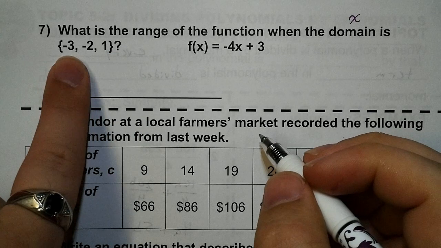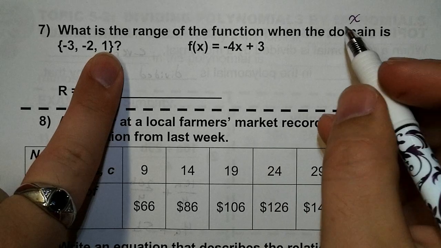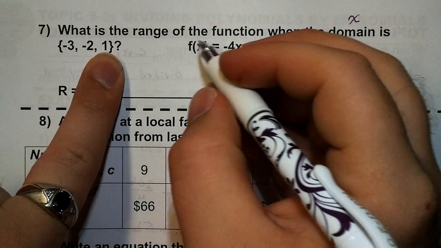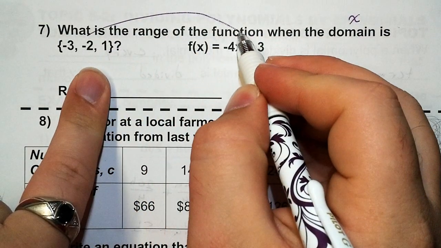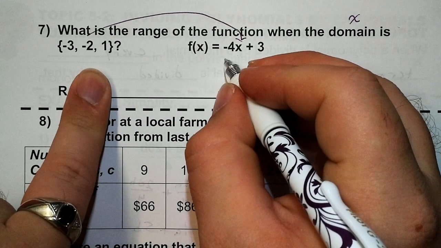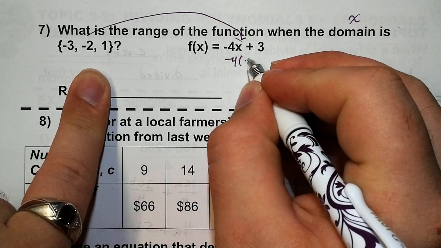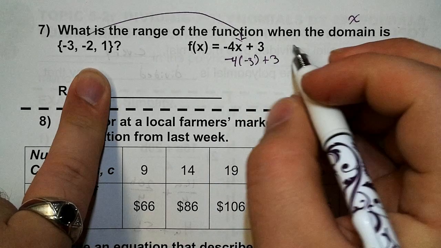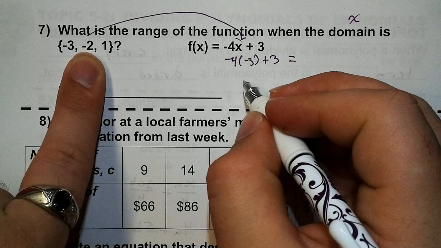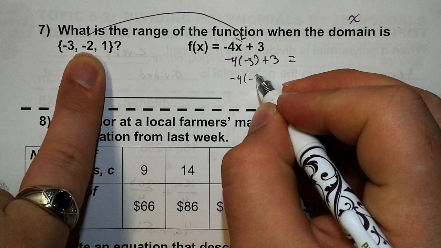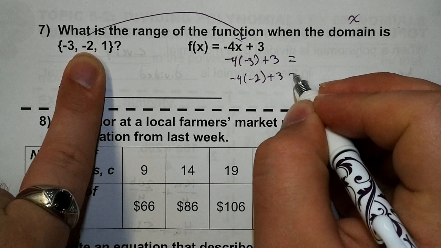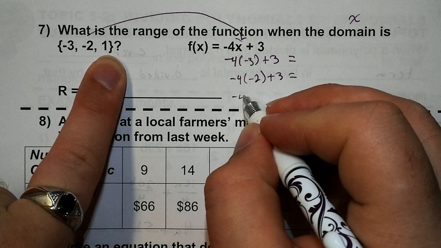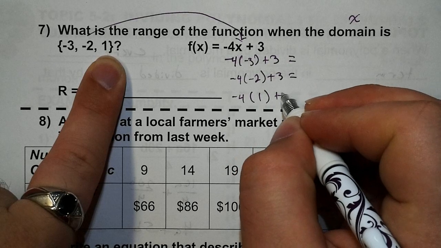Okay, so we have our x values, we have our domain, we can plug them in to find the range. All you have to do is plug these numbers here in for x. Just go one at a time. So -4 times -3 plus 3. We also need -4 times -2 plus 3. And then we need -4 times 1 plus 3.